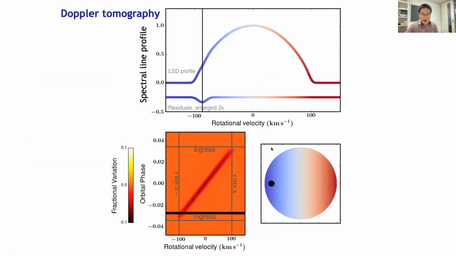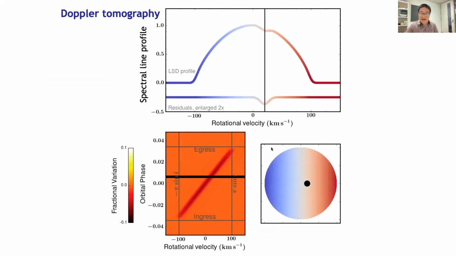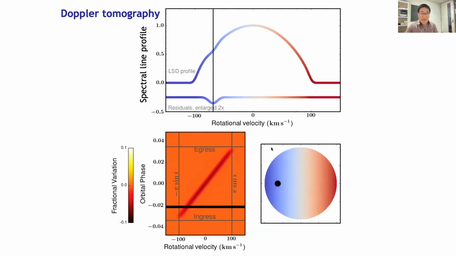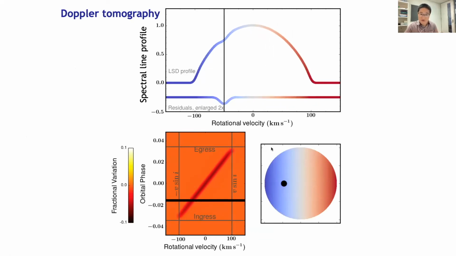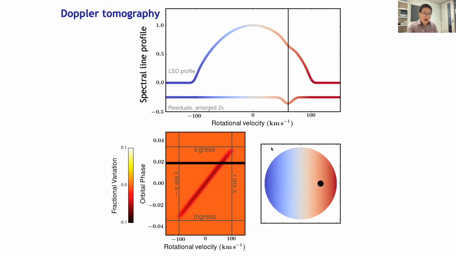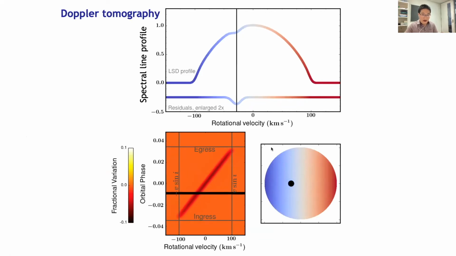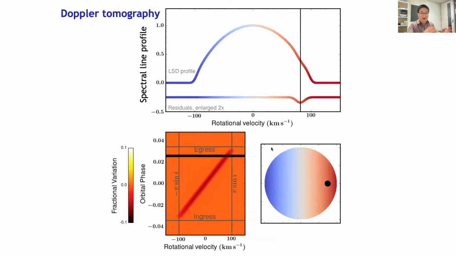There's one way around this, and that is to model the planet and the spots at the same time. And we can do this by examining the spectroscopic line profiles. This is very similar to the effect that we're talking about for Rossiter-McLaughlin observations. The planet is still transiting across a rapidly rotating star, still blocking out the blue-shifted and red-shifted part of the star sequentially.